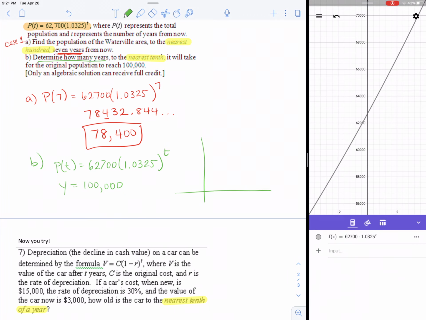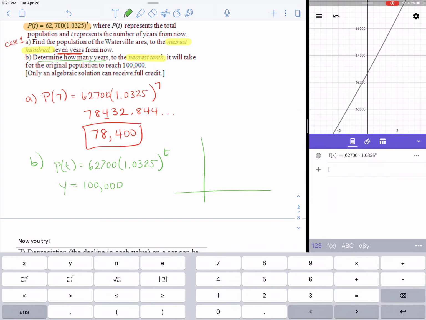Okay, and then you don't even see a curve. It's the way that they're showing it. And then 100,000. Oh, I forgot to put the y equals, so that's what happens. It gives you that slider. Y equals 100,000.